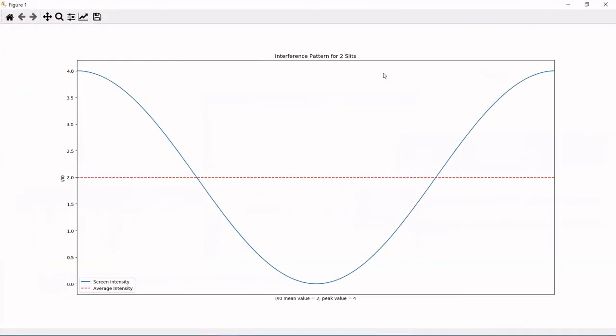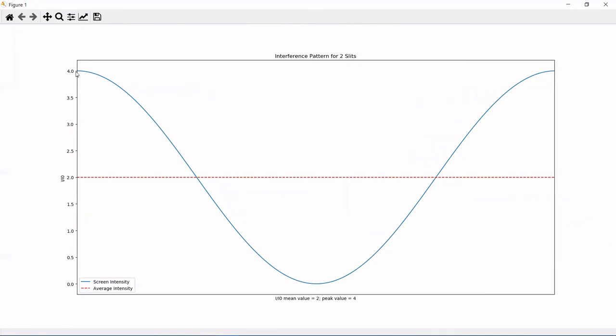Let's maximize. You can see I went so far as superimposing a horizontal line which shows the average intensity. So I don't know if you can read it, but this says intensity compared to I naught, where I naught would be the intensity from a single slit. So the average intensity across the screen is twice the intensity from one slit alone, but the actual intensity versus position varies from 4 to 0.